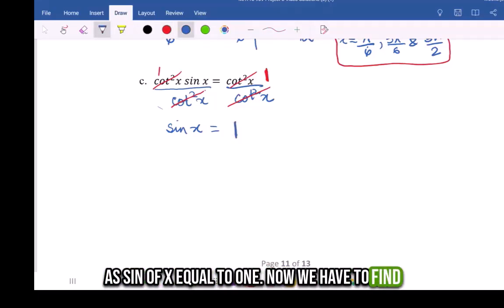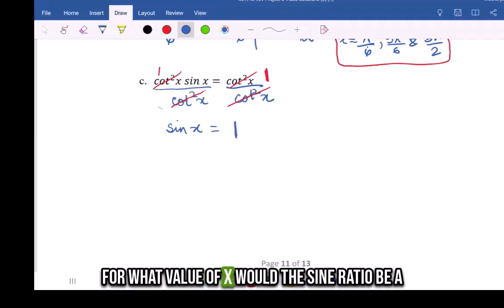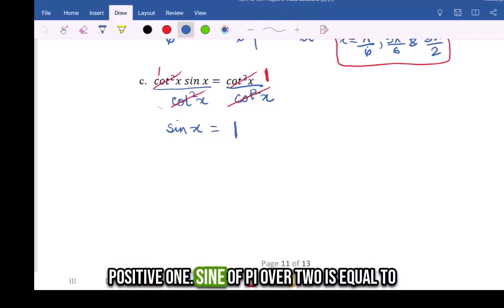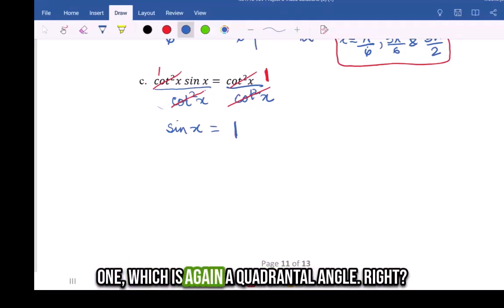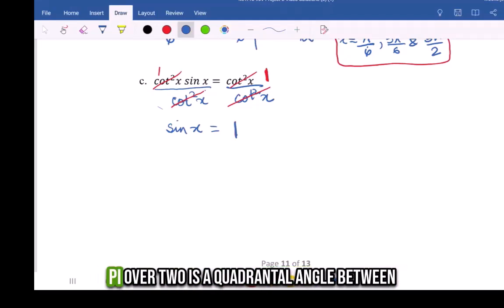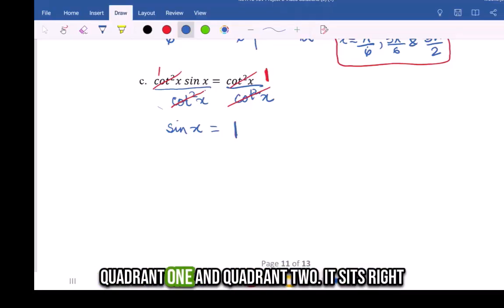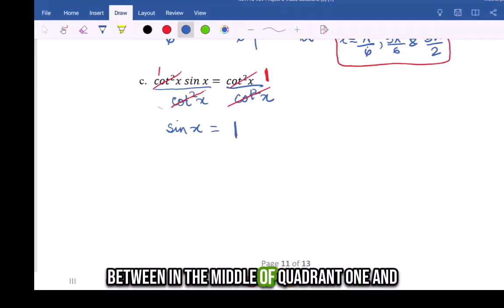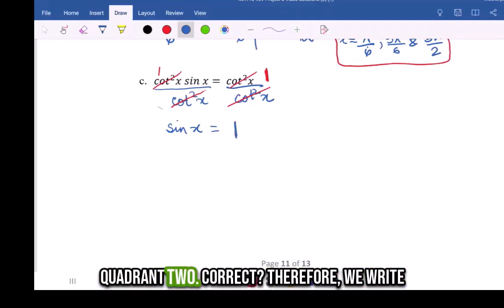Now we have to find for what value of x would the sine ratio be a positive 1. Sine of pi over 2 is equal to 1, which is again a quadrantal angle, right? Pi over 2 is a quadrantal angle between quadrant 1 and quadrant 2. It sits right between, in the middle of quadrant 1 and quadrant 2, correct?